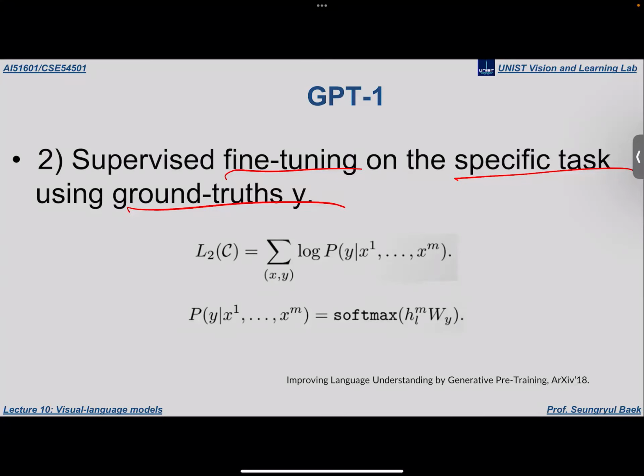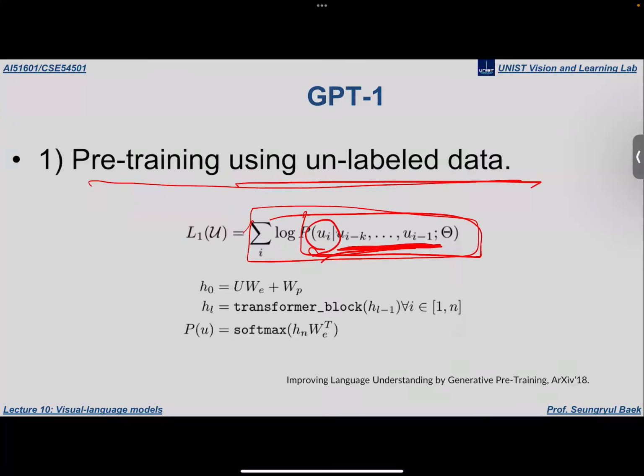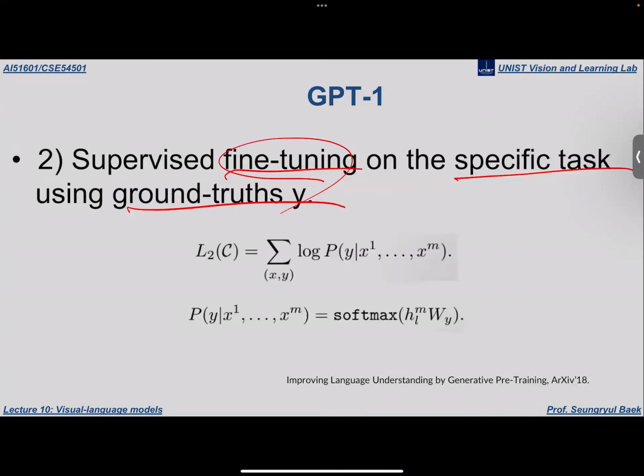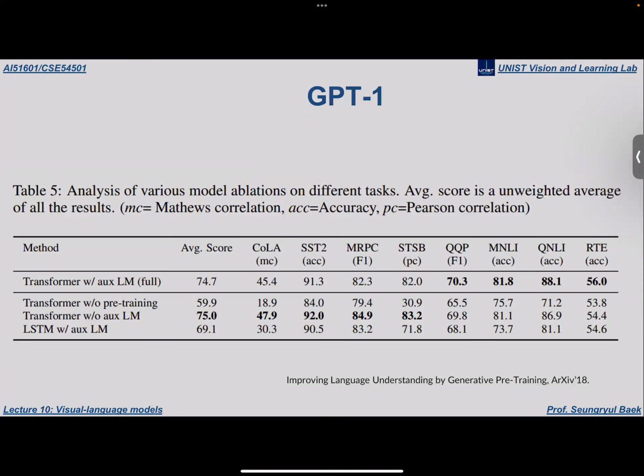So they first train the transformer architecture using large-scale unlabeled data and fine-tune the architecture on specific tasks using their ground truths. This was GPT-1 introduced in this arXiv paper, and they insist that the transformer with pre-training is critical for obtaining good performance.